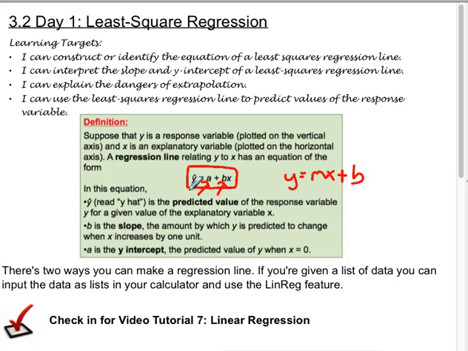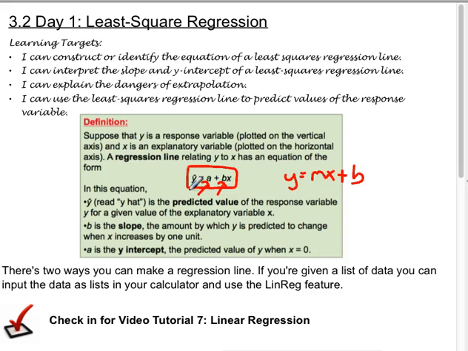I know it looks a little bit different, but don't panic too much because you know forms of lines. You know that a is your y-intercept and b is going to be your slope. It's just written backwards, but the commutative property says that doesn't matter.